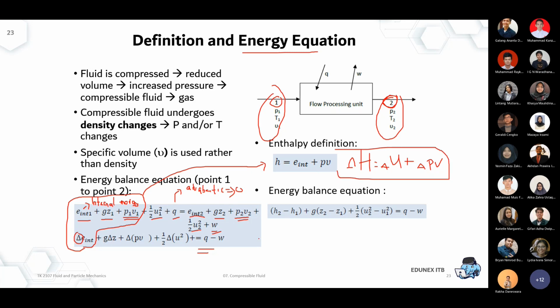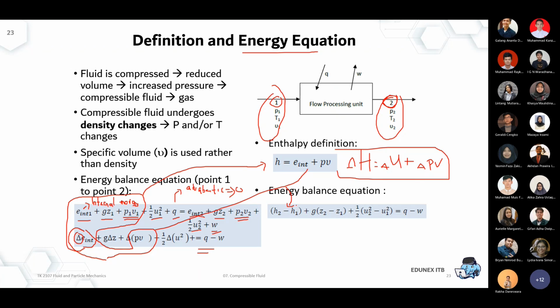So now by combining these two together, we get this.